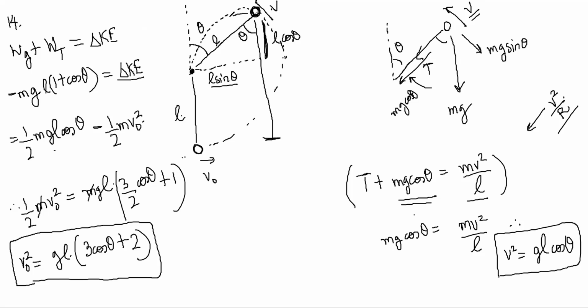If you draw a horizontal line like this, the angle is 90 minus theta, and velocity is like this, so that angle is theta. You're basically projecting it at an angle theta with velocity v, and you know that it passes through this. So let's say it passes through this at time t.